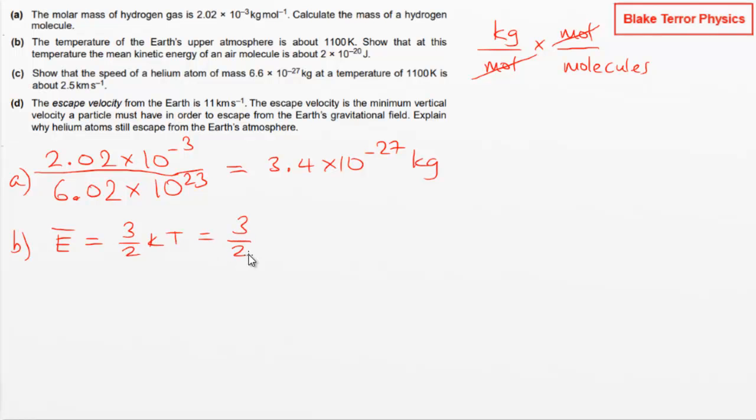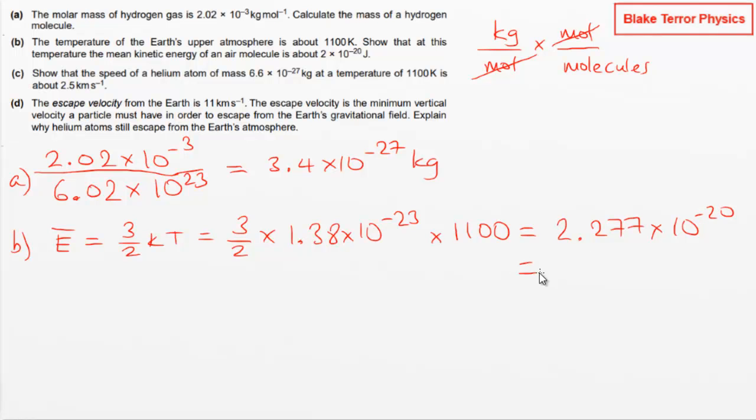So that's 3 over 2 multiplied by the Boltzmann constant, 1.38 times 10 to the minus 23, multiplied by our 1100 for the temperature, which gives us 2.277 times 10 to the minus 20, so 2.3 times 10 to the minus 20 joules. Two significant figures again as we add up here.